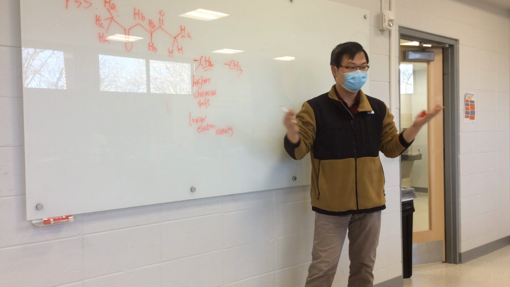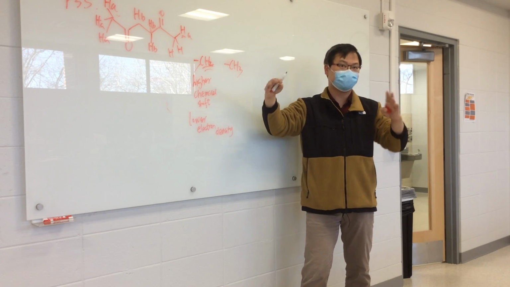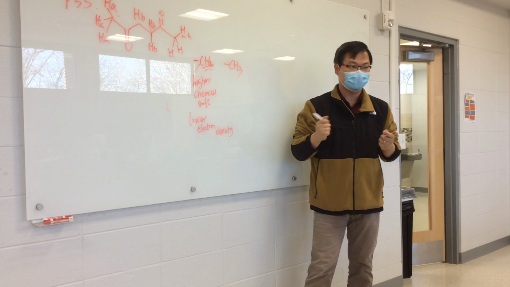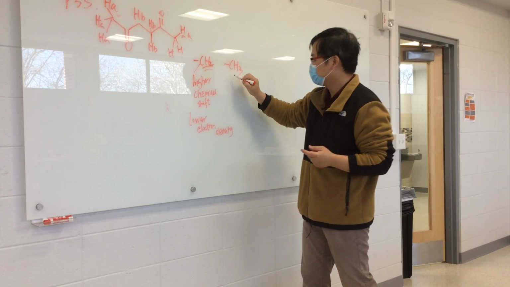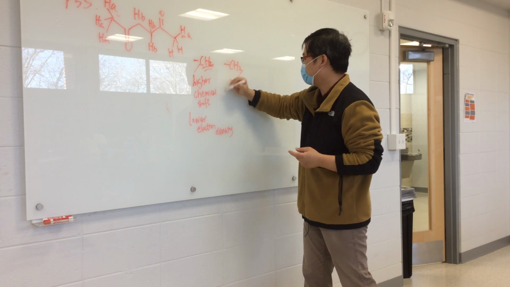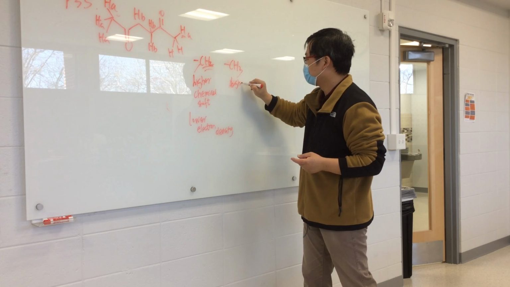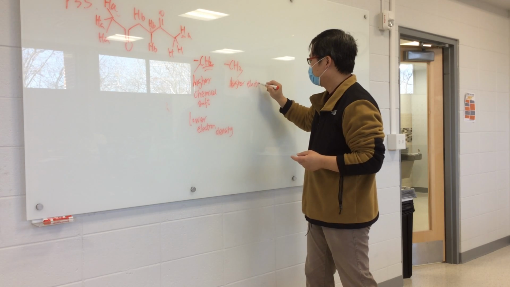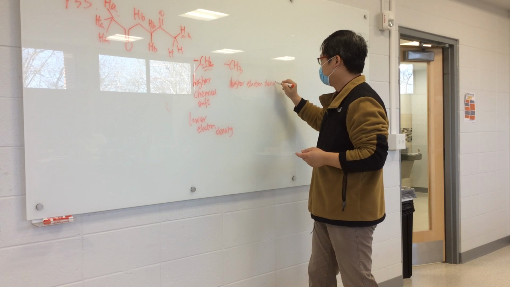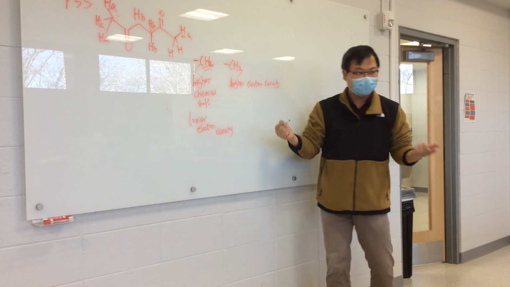You can just imagine, in one area you have 2 hydrogens, in the other area you have 3. Then there are more electrons. When there are more electrons, we say higher electron density.